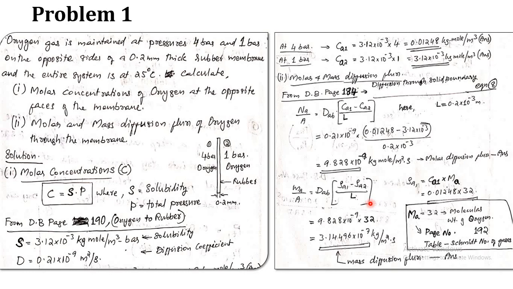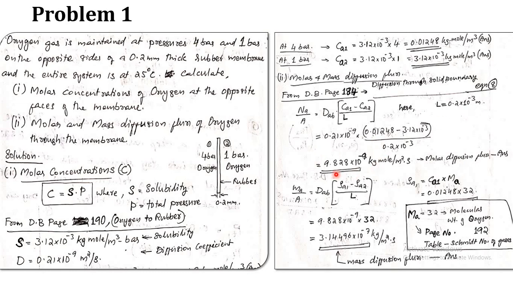We need to find the molar diffusion flux. This will be the equation in case of NA by A, right? NA by A is equal to DAB. In this case, we substitute the values of molar concentration CA1 and CA2. So write this equation first: NA by A is equal to DAB (CA1 minus CA2) divided by L, where L is 0.2 mm, that is 0.2 times 10 raised to minus 3 meter.